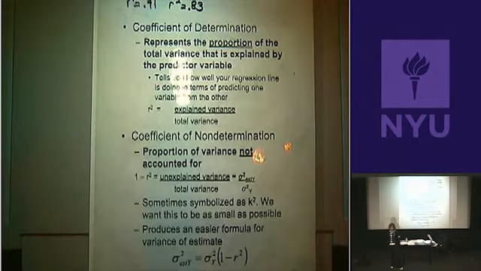What does that mean about my explained variance and my total variance? Think about the formula for a minute. If R squared is 1, what does that mean about my explained variance and my total variance? Yeah? They're the same. Meaning, my explained variance explains my total variance. All that variability I can explain with this other variable.